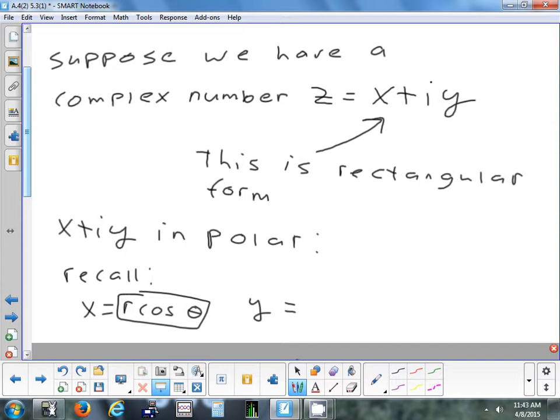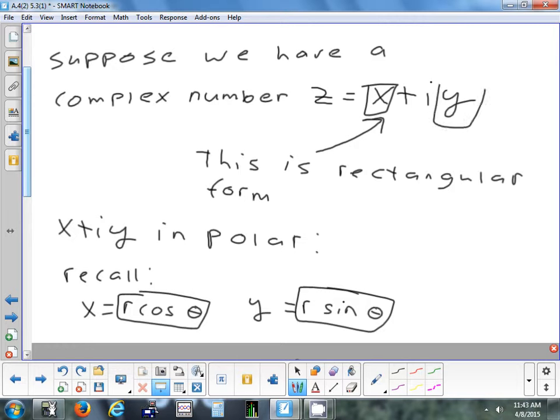We went through the proof and the explanation of that, so we don't have to go through that again. We just need to remember what they are. How about somebody else? What was Y? Yeah? R sine theta. Okay. All you're going to do is take X, and change X to what that says right there. X is R cosine theta.